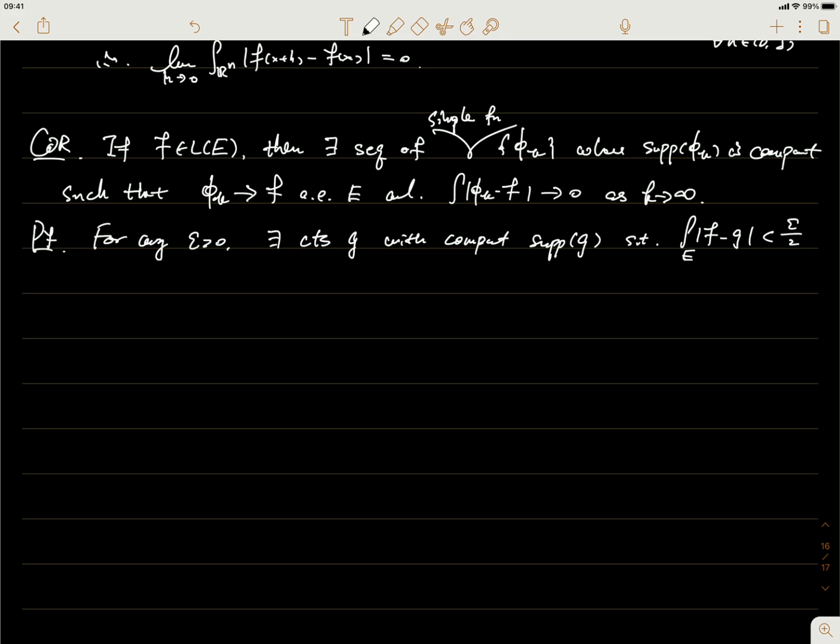And then for this g, we can show that there exists a simple function phi such that the integral of the difference between g and phi is less than half epsilon.